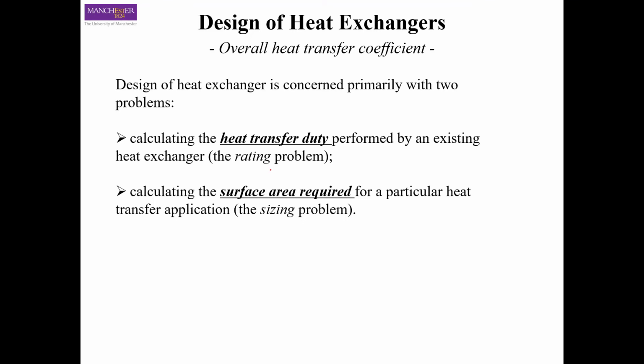The first one is the calculation of heat transfer duty for an existing exchanger. What it means is that we already have an exchanger and we know its area, and we want to know what kind of heat duty this area can give us. That is what we call a rating problem.